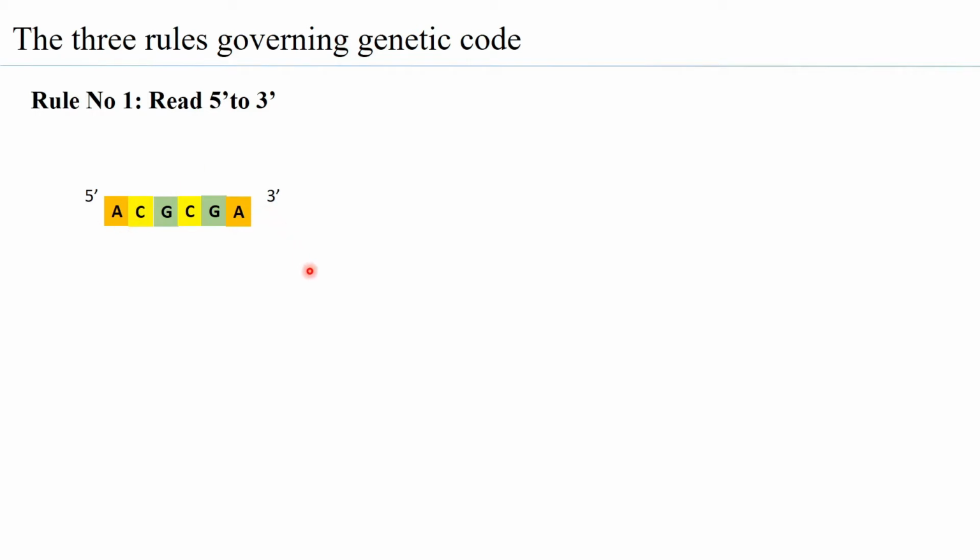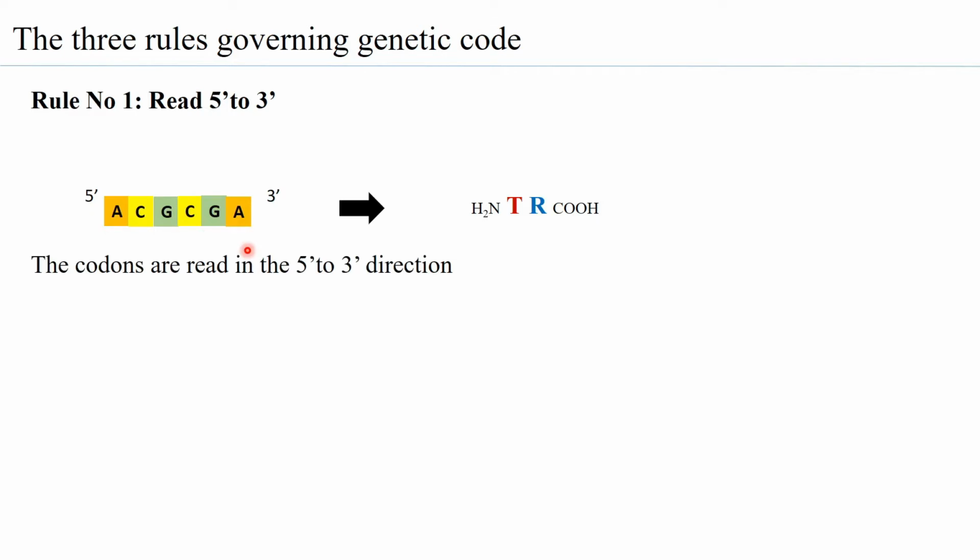What results after translation is a protein, or rather a dipeptide, made up of threonine and arginine, indicating that ACG codes for the amino acid threonine and CGA codes for the amino acid arginine. Also, what is interesting to note here is that one amino acid is coded by a codon that is a triplet. That means 3 nucleotides form a codon.